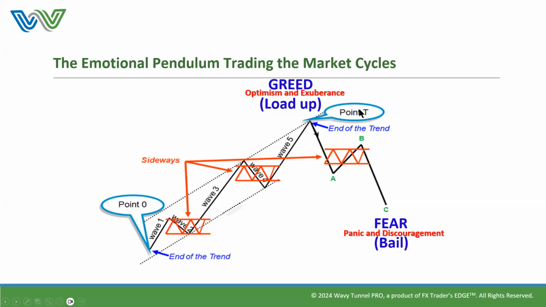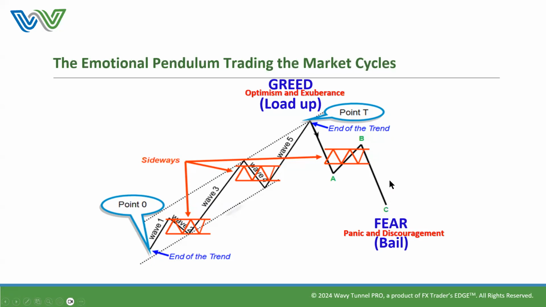And we call that point T because at any point in time, we can turn around and we have the A wave, and then we have a B wave, the correction of the first leg up. And when we don't make a new high and start to roll over again, that's when we have this significant move down, where down here, the market participants are fearful, panicked, and discouraged. They bail. This is the time to be buying.